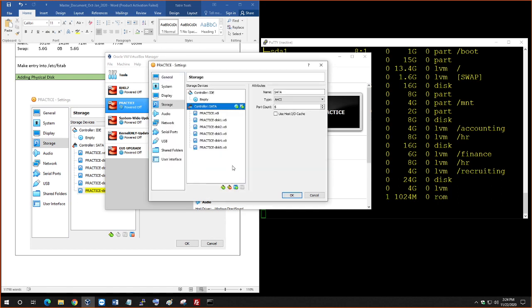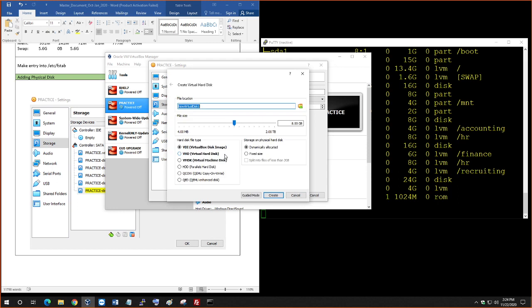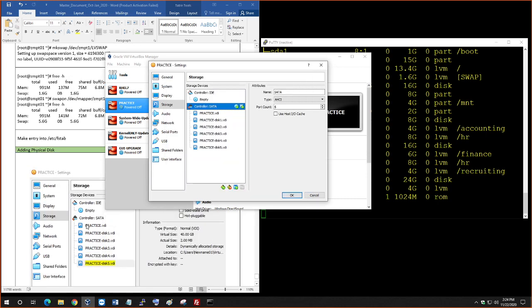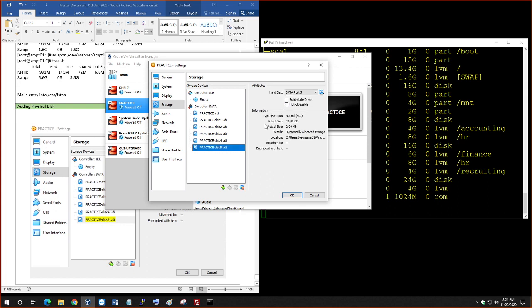For you, if you don't have it already added, just click on plus, create new disk, give it an appropriate name, and change the size to 40 GB. So the fifth drive we have is 40 GB.